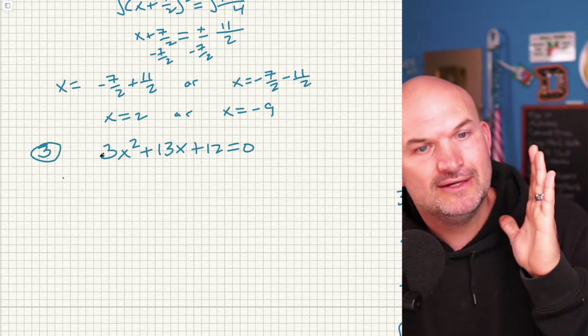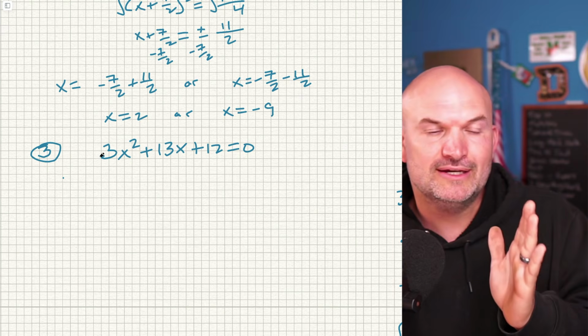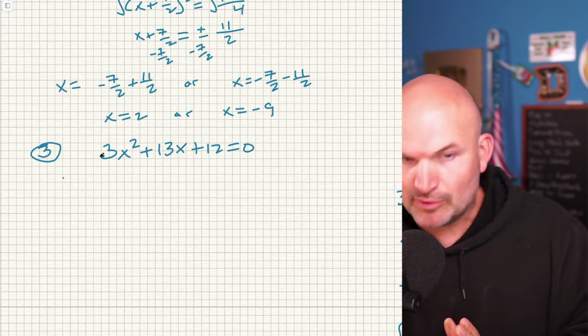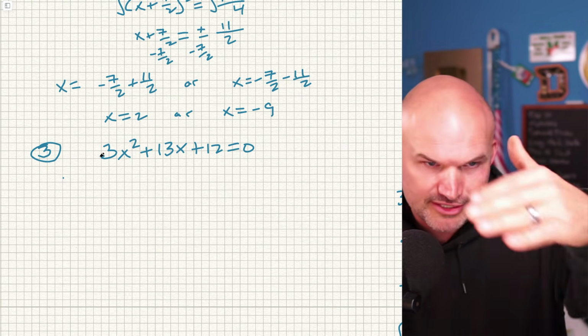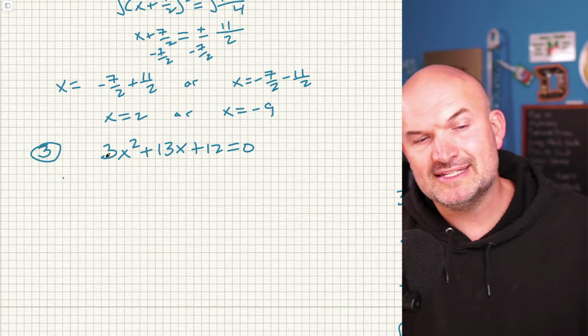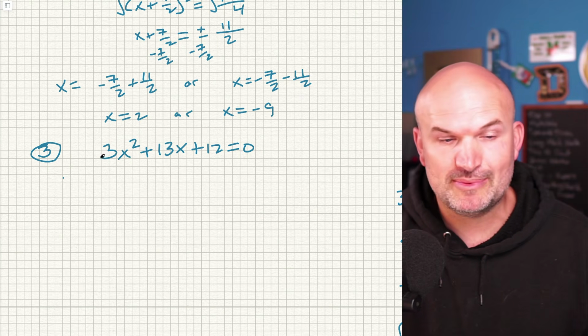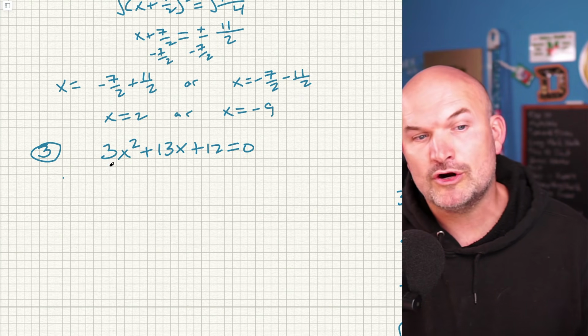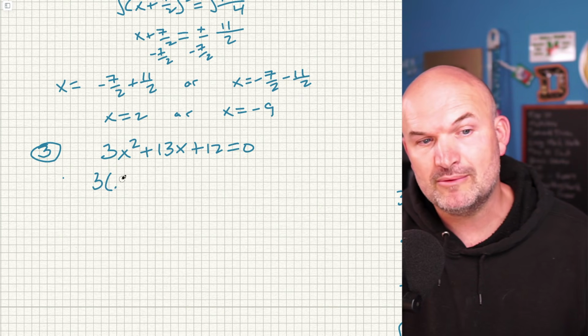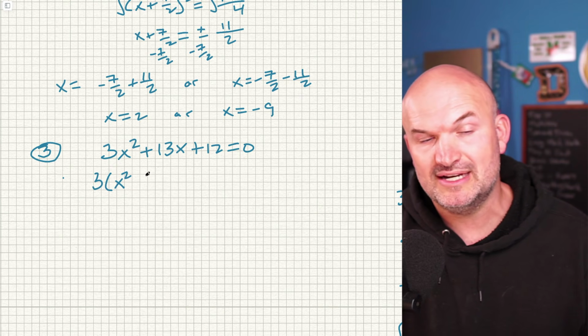Now, again, I'd probably even say there's an easier way to show this, which would be dividing by 3 on both sides, but I'm not going to work that method. I'm going to do the same method I taught in the other two examples. So before we can take our middle term divided by 2, we need to factor out whatever our coefficient of the quadratic term is. So we're going to factor out the 3. Out of this term, I just get an x squared.